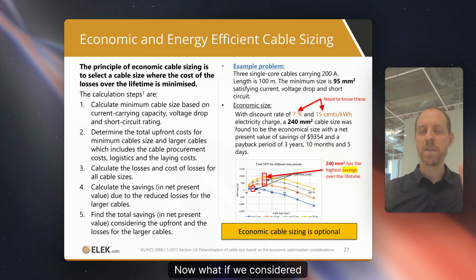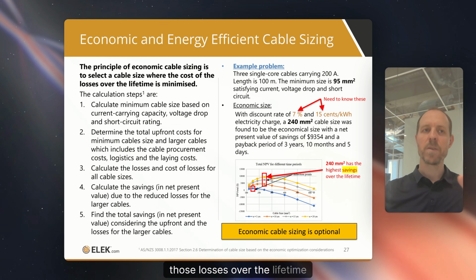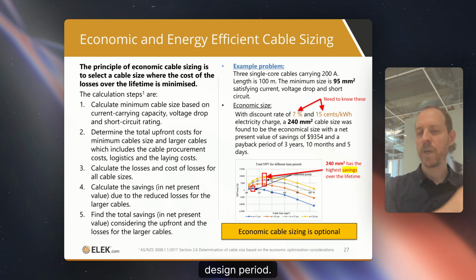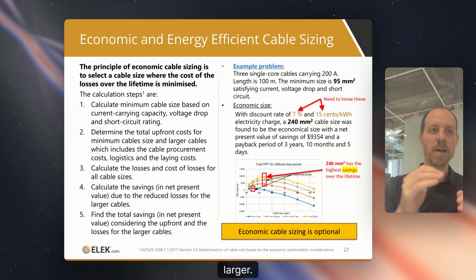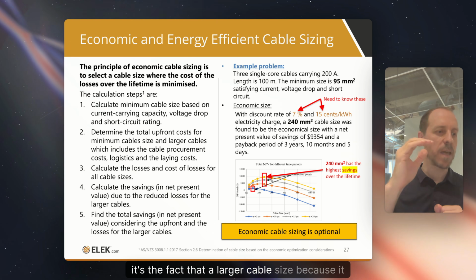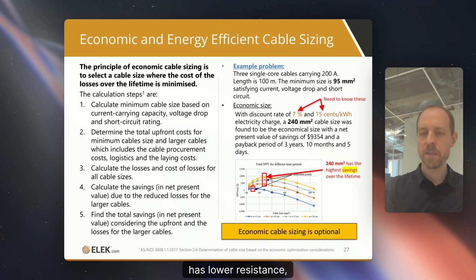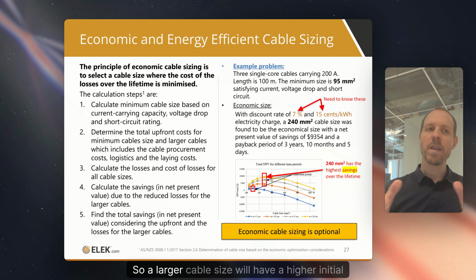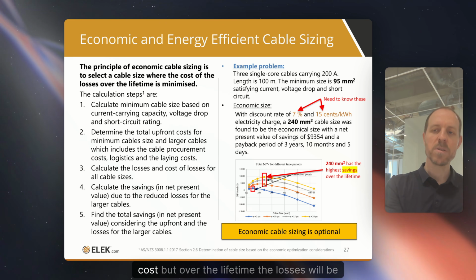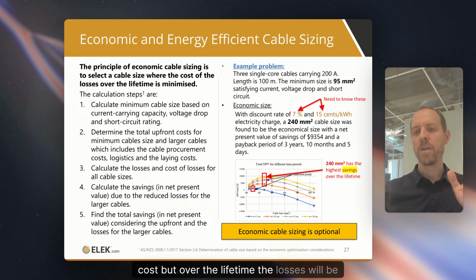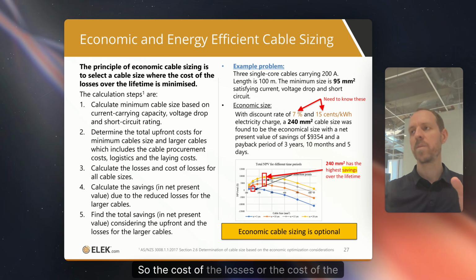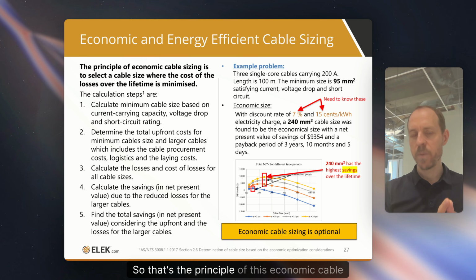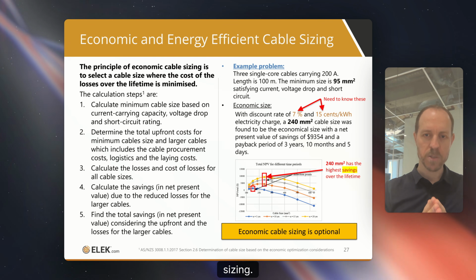Now, what if we considered those losses over the lifetime during our cable sizing design period? A larger cable size, because it has lower resistance, will have lower losses over time. So a larger cable size will have a higher initial cost, but over the lifetime, the losses will be lower. So the cost of the losses, or the cost of ownership, will be lower.